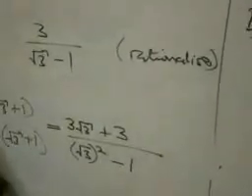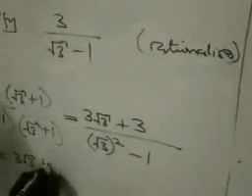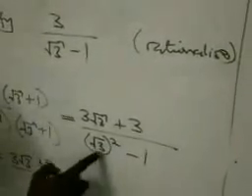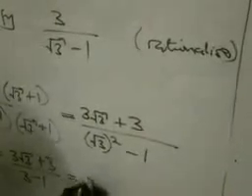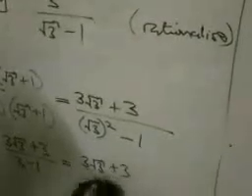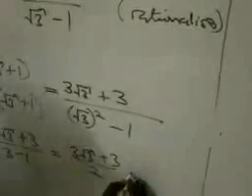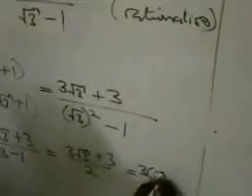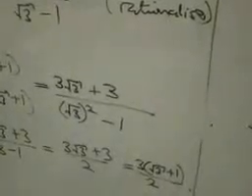And therefore, finally, we shall get 3 root 3 plus 3 over root 3 squared, which is 3, minus 1. That gives us 3 root 3 plus 3 over 2. You can further factorize out 3 and say that this is 3 into root 3 plus 1 over 2. And that is our final answer.